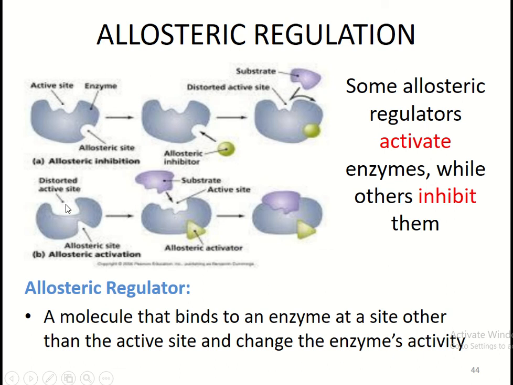This one is called activation of the enzyme, where some allosteric regulators activate the enzyme. Therefore, there are two types of allosteric regulator: either inhibitor or activator.